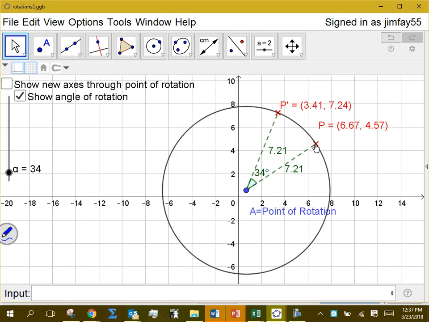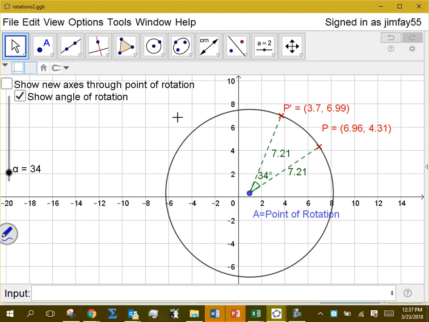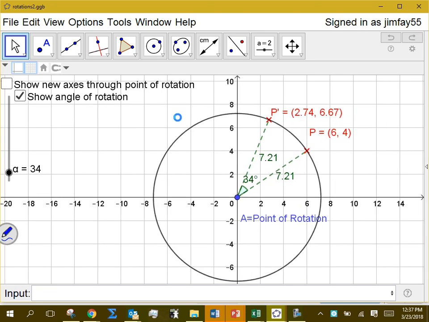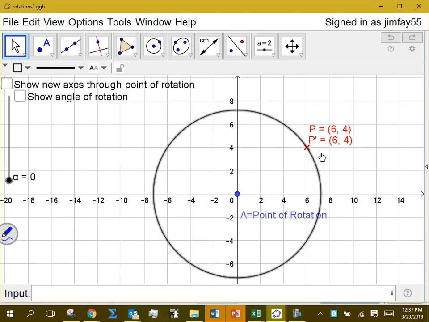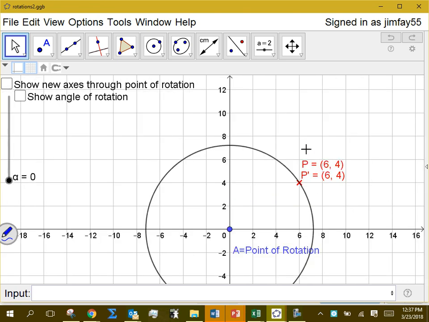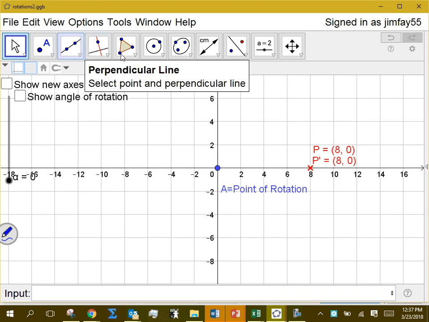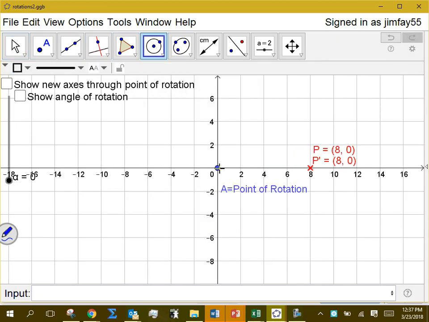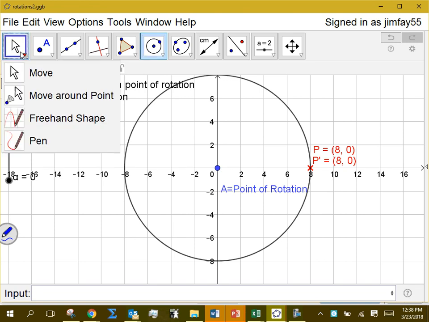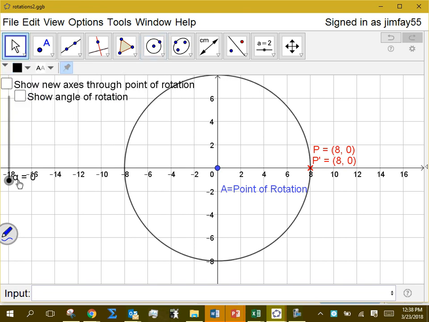Now, it might make more sense to recognize what happens if I get rid of this circle real quick so I can move this point. If my point started there, and then we move around that circle, the logic is, if I move 90 degrees, our point P prime should show up there, correct?